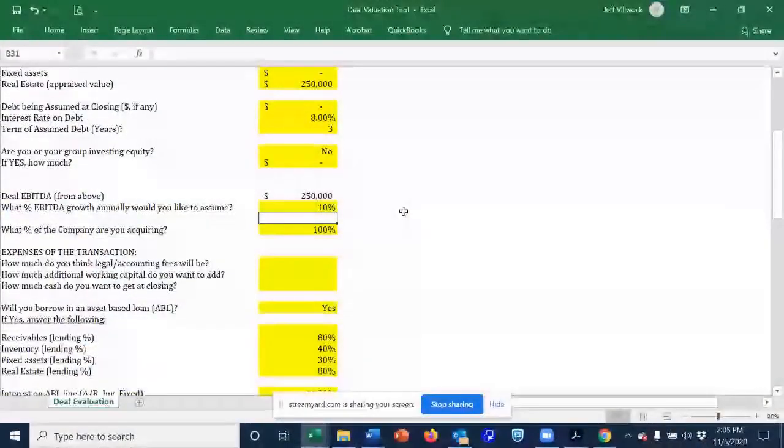In the book business that we bought, it really didn't matter, because there were so many things that we knew could be done in this business that an actual growth rate, frankly, wouldn't make sense unless you started with the second year. In the first year, we're going to make all these changes, and then after that, we're going to grow it at 5 or 10% a year. Makes sense. Okay. So I'm going to assume 10%.